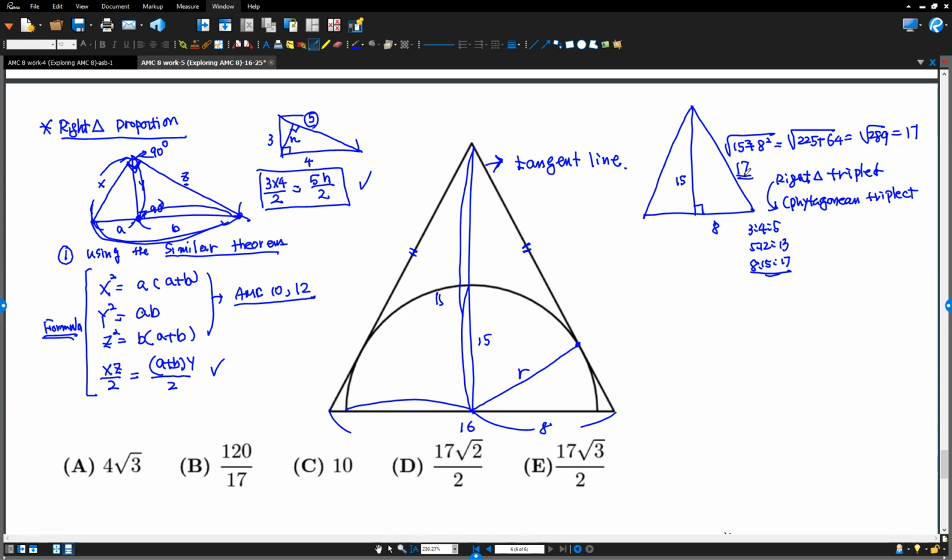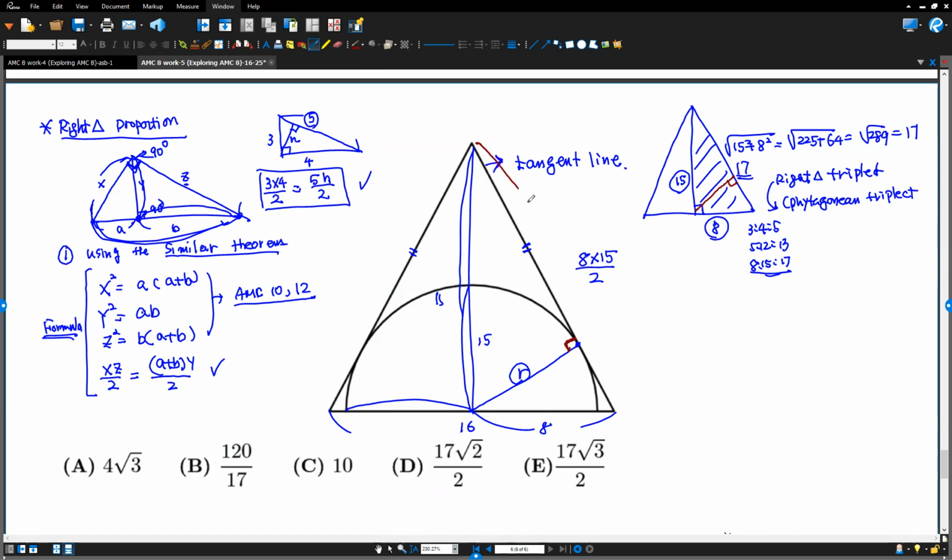All right, now what is the area of this one? 8 times 15 divided by 2, base times height divided by 2. So we're going to find the radius. What is the radius here? This radius goes exactly over here, perpendicular, right?